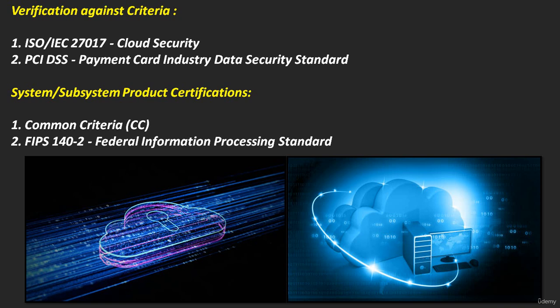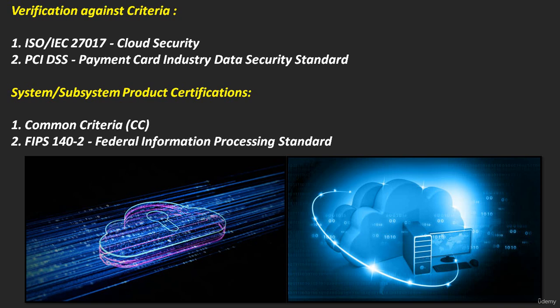Cloud service providers often use various IT products and systems to deliver their services, so by ensuring that these components are Common Criteria certified, a CSP demonstrates its commitment to security standards, and the certification verifies that the product or system has undergone rigorous testing and meets specific security requirements.